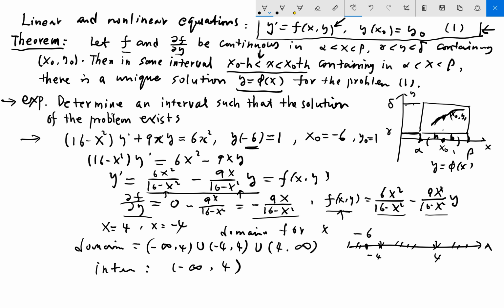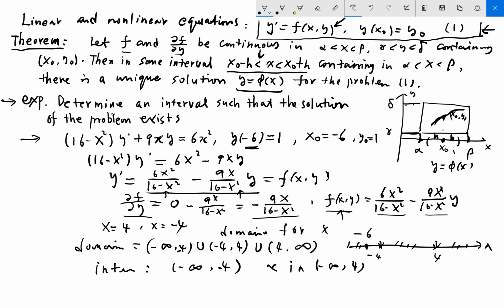In this interval, as long as your x is in this interval, minus infinity to minus 4, okay, minus 4 to 4, 4 to infinity.